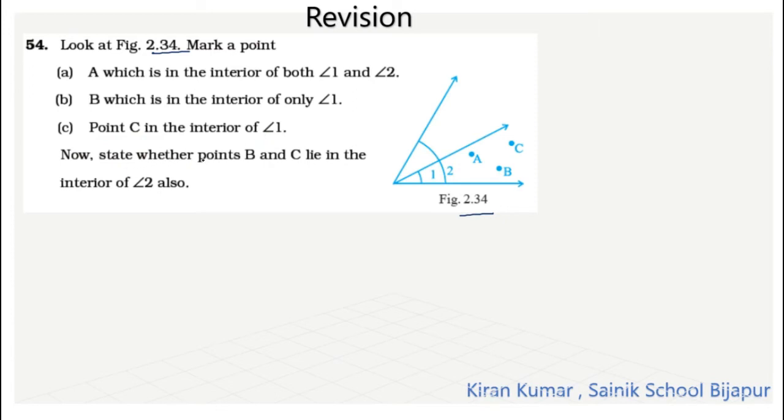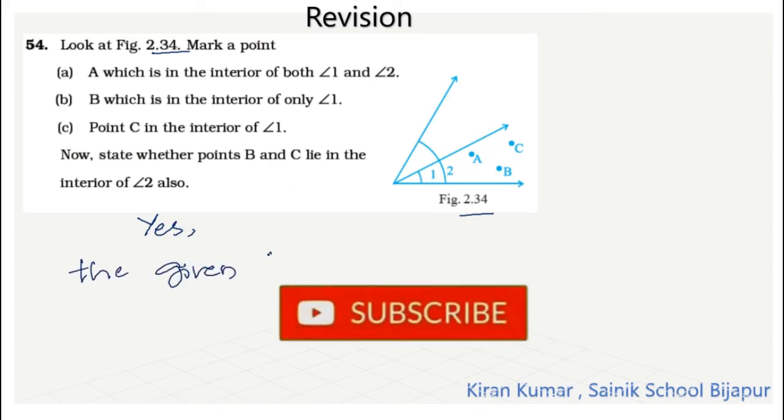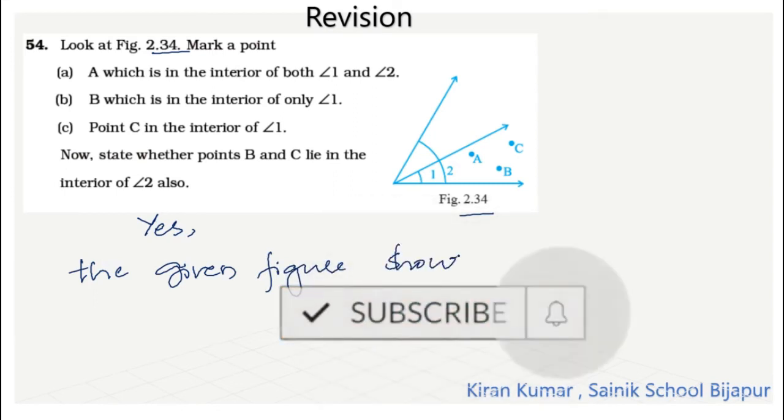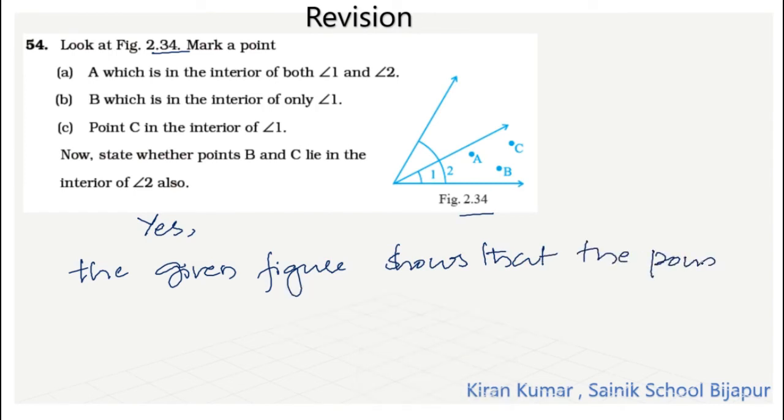Now state whether points B and C lie in the interior of angle 2 also. Yes, it is. The given figure shows that the points B and C lie in the interior of angle 2.